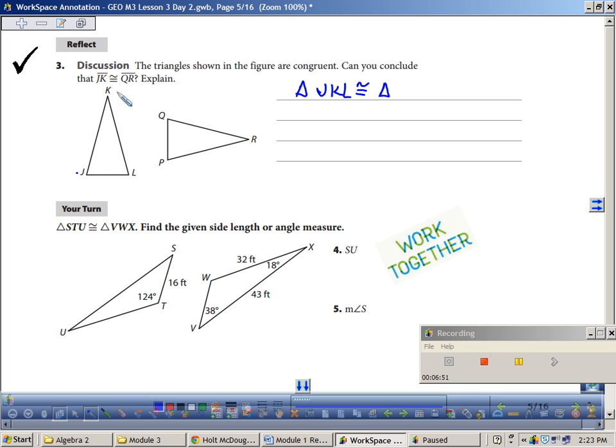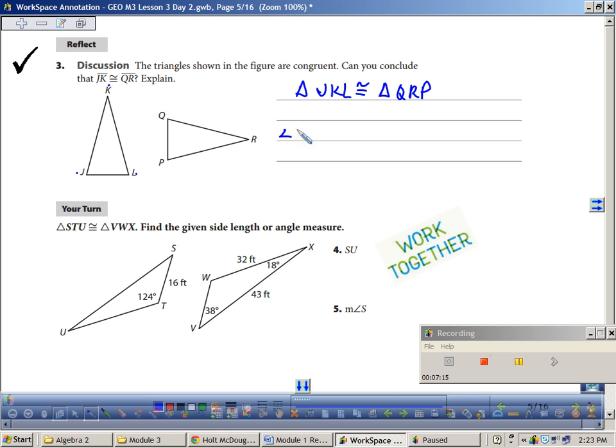So if I'm talking JKL, I know the R has to be in the middle, right? Well, which one should come first, the Q or the P? Q, R, P. How many congruency statements can I have based on these 2 congruent triangles? 6.